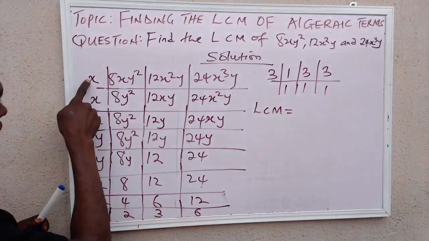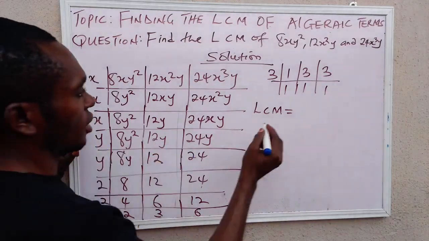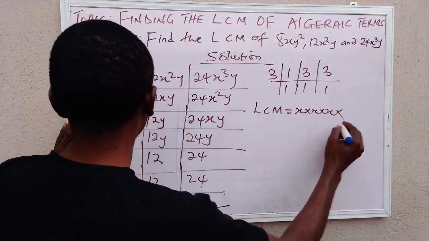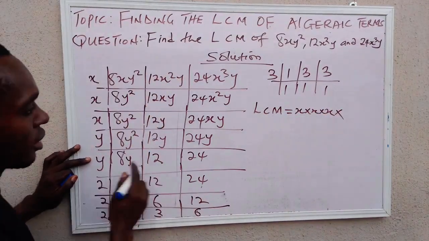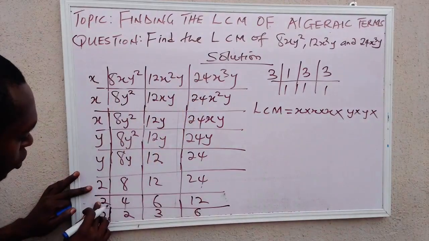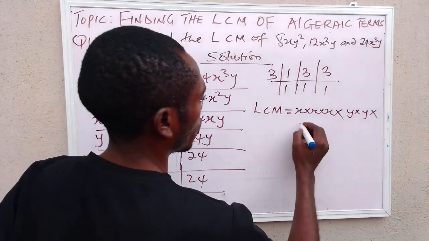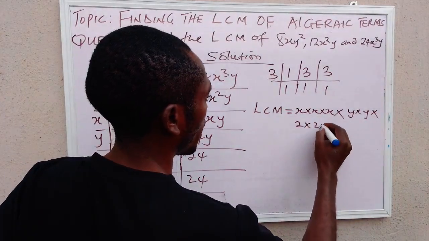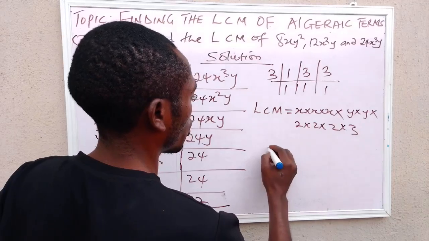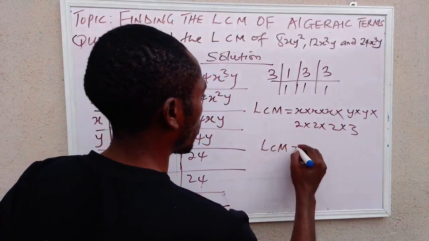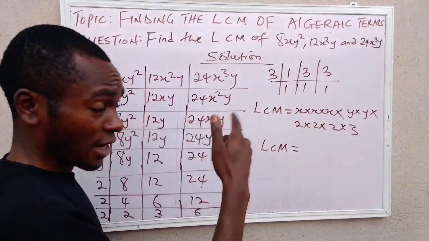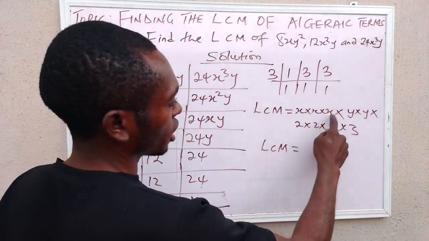So the LCM is x times x times x times y times y times 2 times 2 times 2 times 2 times 2 times 2, and the next one is times 3. So we have LCM, therefore, equals x times x times x is x cubed, because 1, 2, 3.